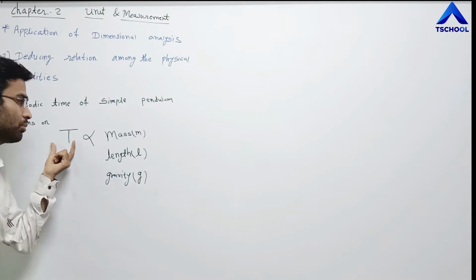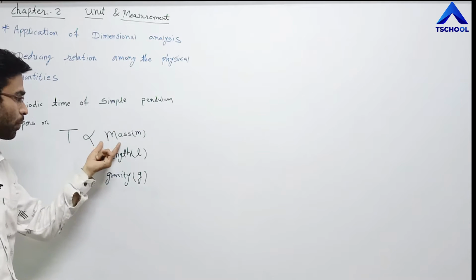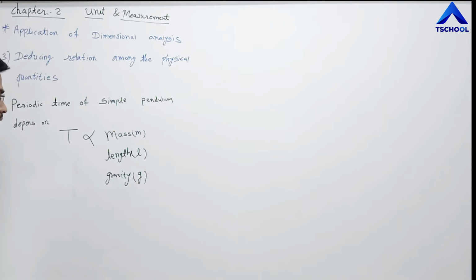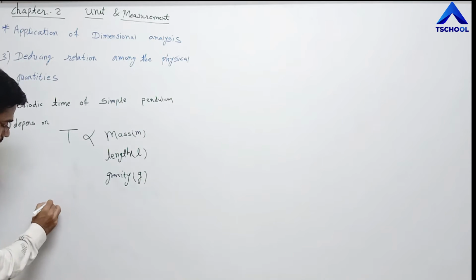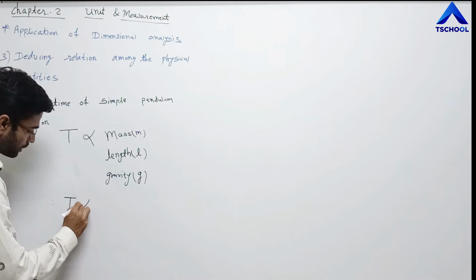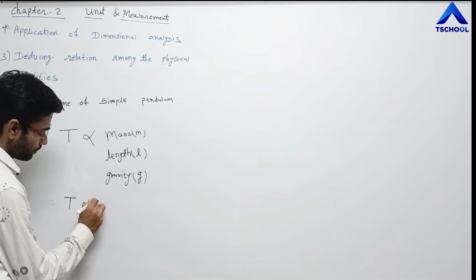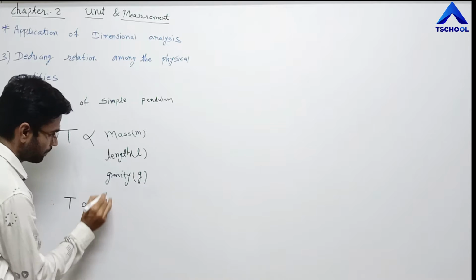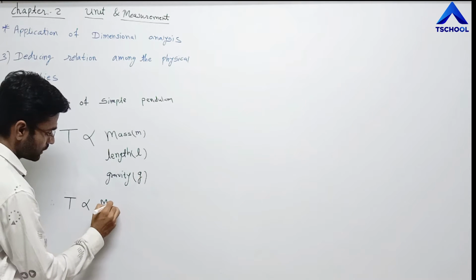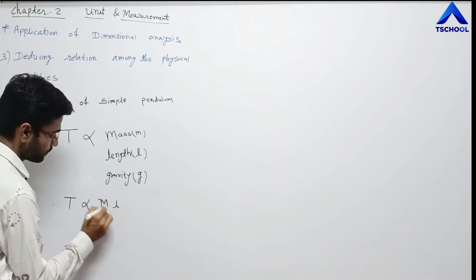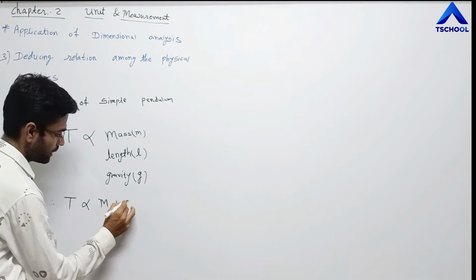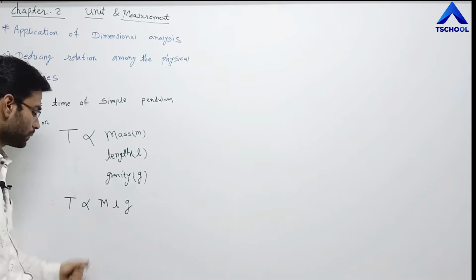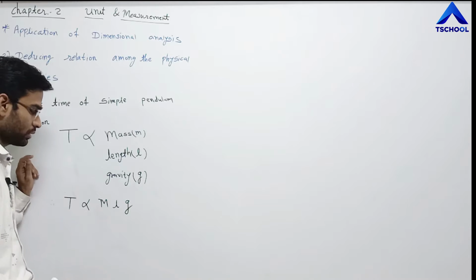Periodic time of a simple pendulum depends on three quantities, that are mass, length, and acceleration due to gravity. Now we can write T is proportional to mass m, length L, and acceleration due to gravity g.